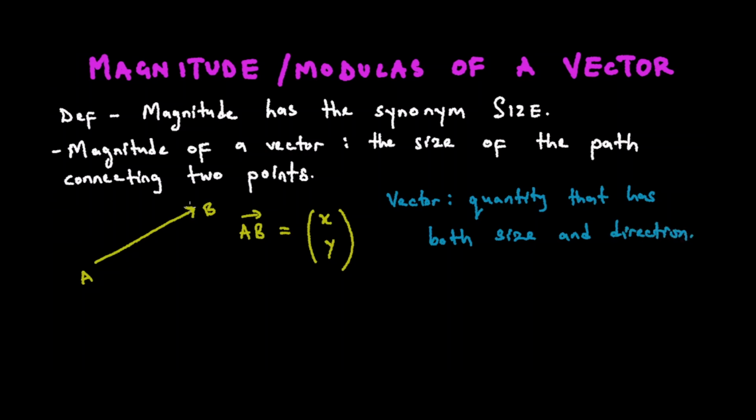Saka for direction, this arrowhead denotes the direction, but you should also know kuti the straight line, the line represents magnitude, and remember the synonym of the word magnitude is size.